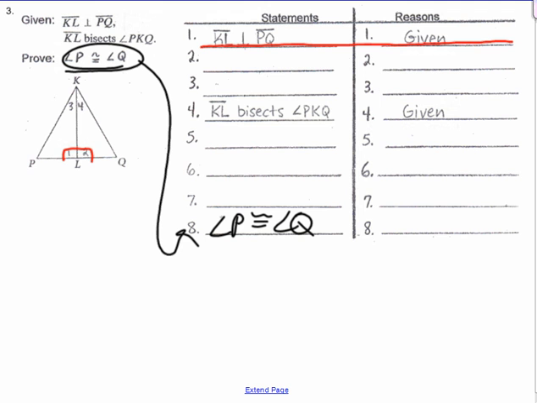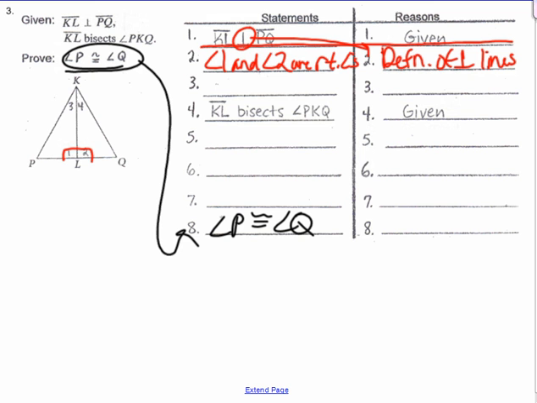Well, that gives me right angles. I'm going to say angle 1 and angle 2 are right angles. And I know that because those segments are perpendicular. So this is the definition of perpendicular lines.